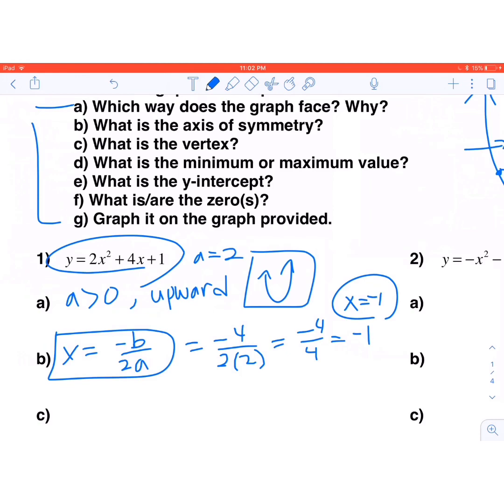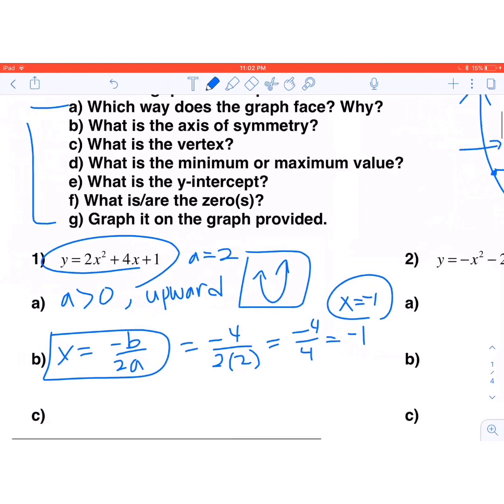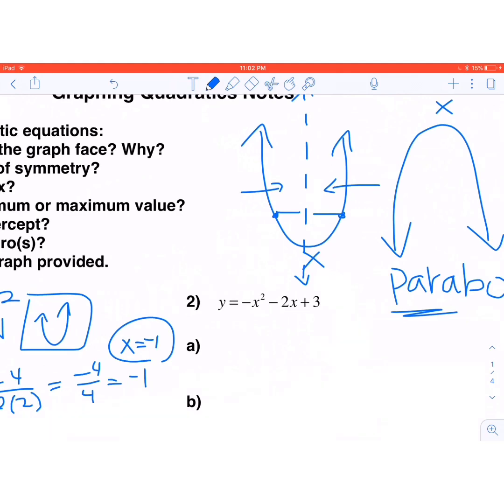Then we're going to find where the vertex is. Vertex is a point where the line would turn. Like for example, right here, it would turn at this yellow point, and notice how it lands right on the axis of symmetry. So we're going to use the idea of x equal to negative 1 to find this point.